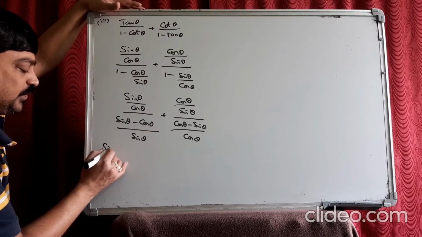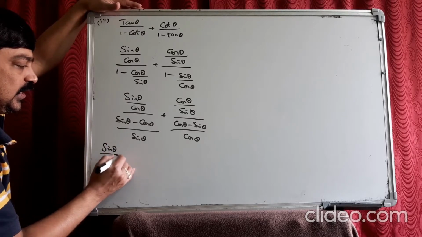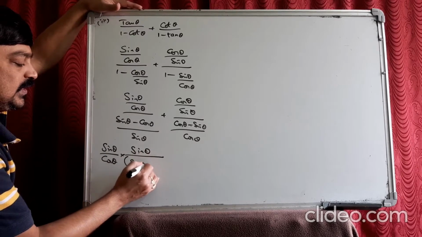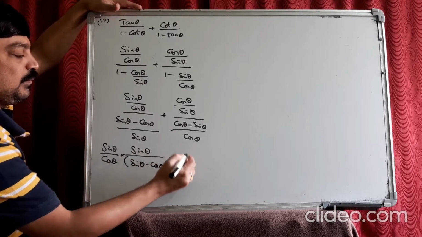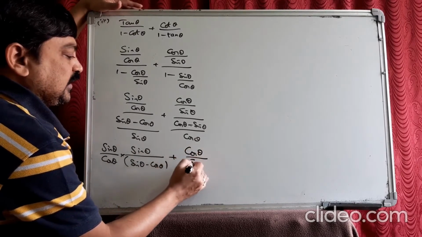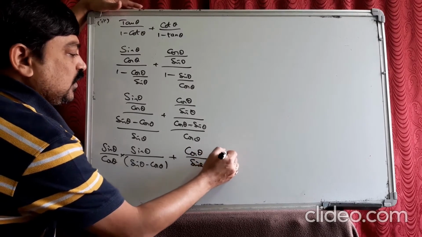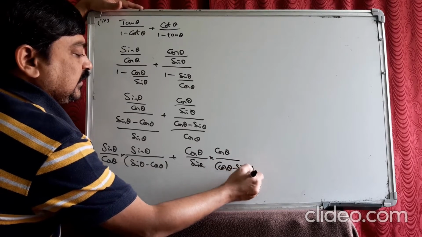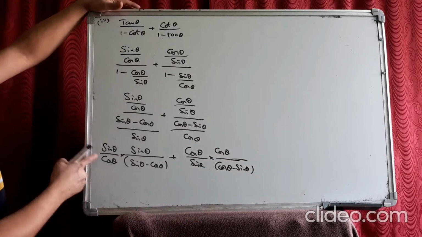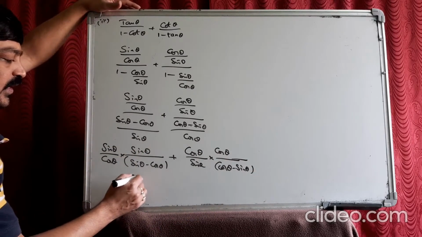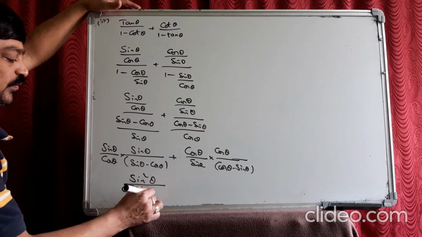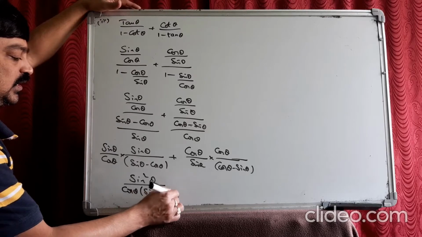Now it becomes sin theta by cos theta into sin theta by (sin theta minus cos theta) plus cos theta by sin theta into cos theta by (cos theta minus sin theta). Now here nothing will be cancelled. It becomes sin square theta by cos theta into (sin theta minus cos theta).